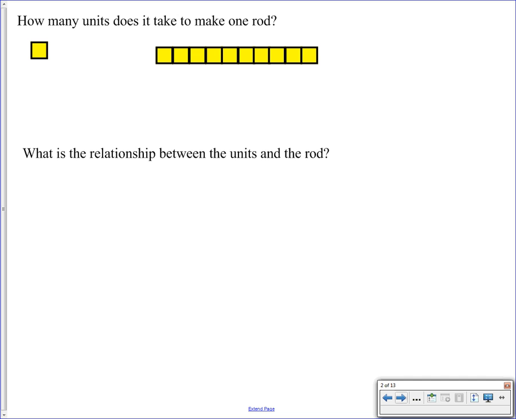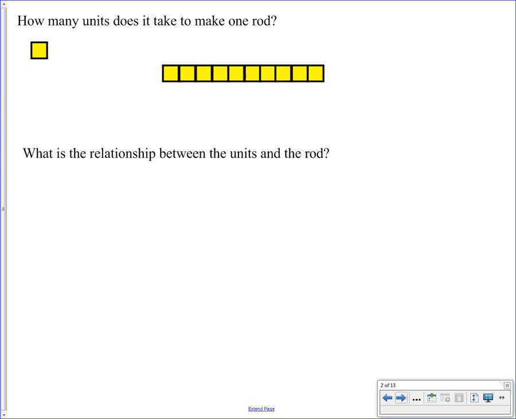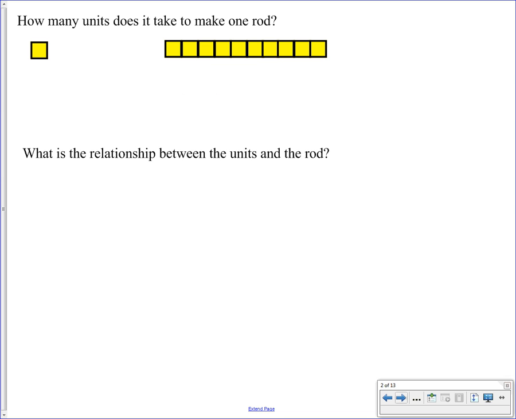Alright, you see I have a question here on the board. The answer to our question is one rod. This one rod right here is made up of 10 units. So we can write our relationship as one rod equals 10 times 1 unit.